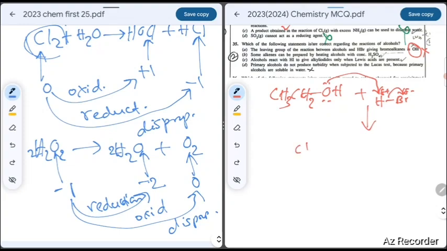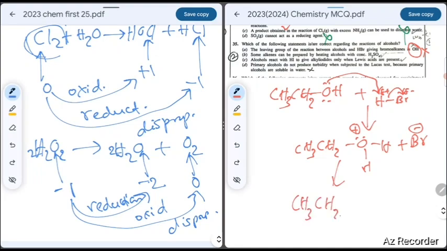Then this will form CH3CH2O and H, H, with a plus charge, and here Br minus is formed. What happens next is what? CH3CH2 plus is formed, and why does it form CH3CH2 plus? Because this bond is given to oxygen.